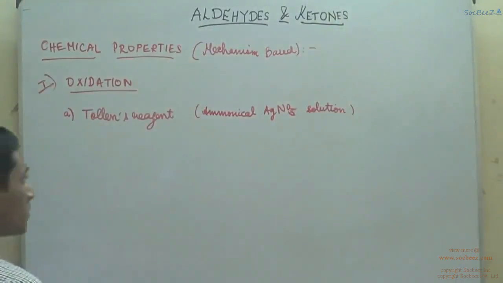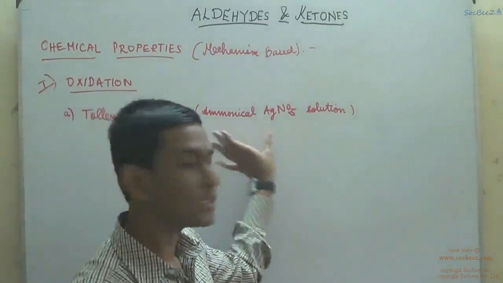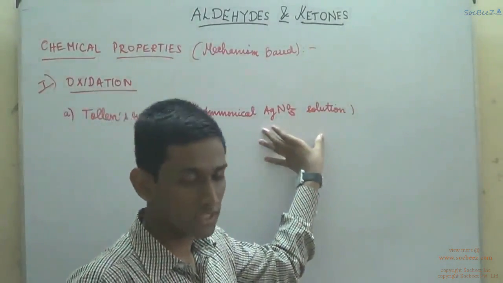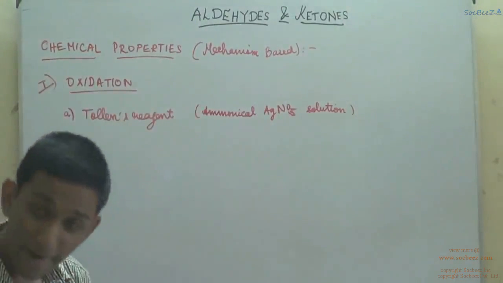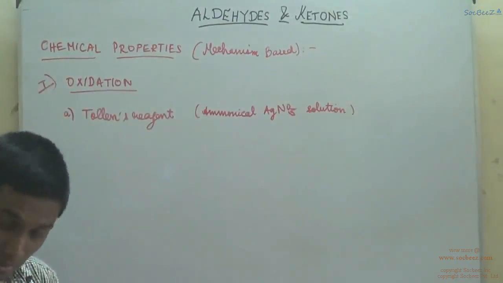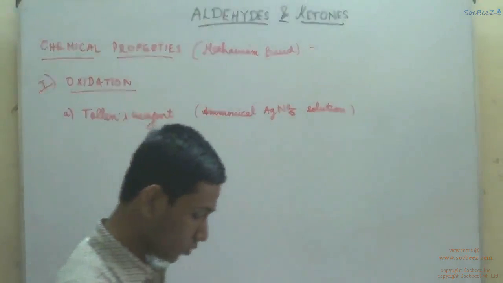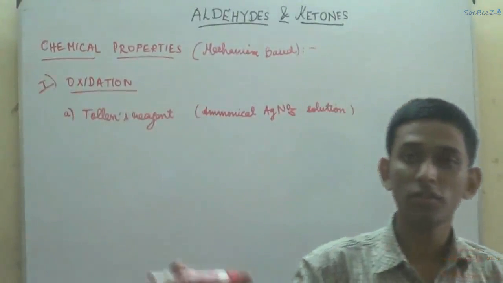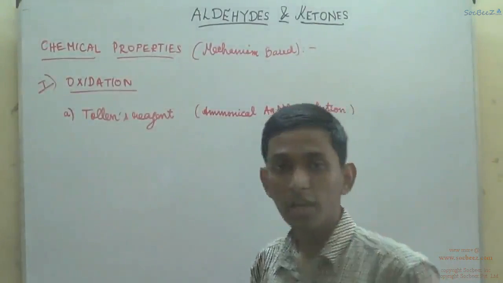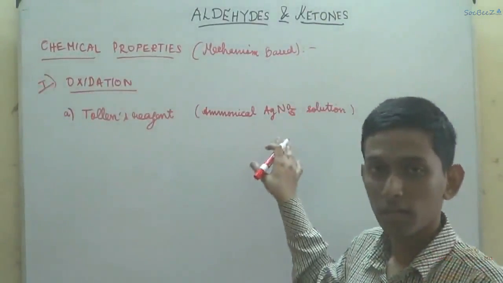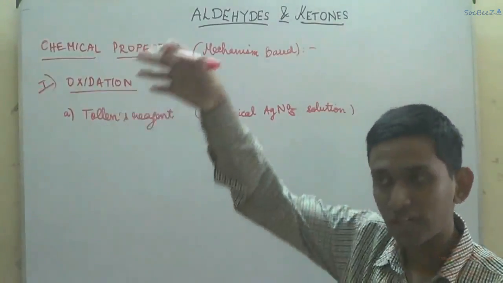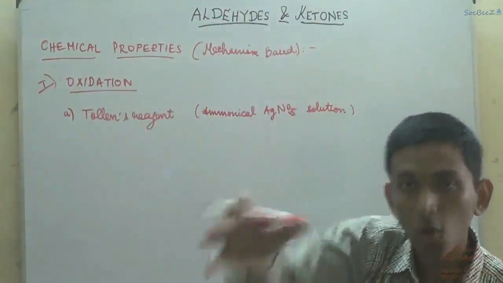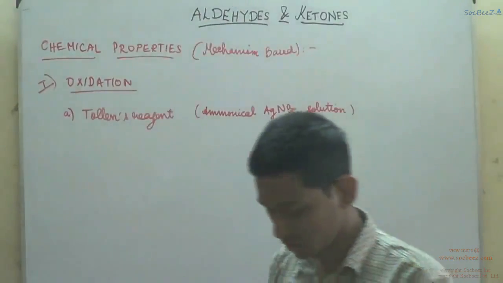How is Tollens reagent prepared? Use NH4OH and treat it with AgNO3. You get the Tollens reagent. You wait till the precipitate of Ag2O is first formed and then it redissolves. So you treat NH4OH with AgNO3, and then you wait till you get a precipitate of Ag2O, and then it dissolves into the solution.